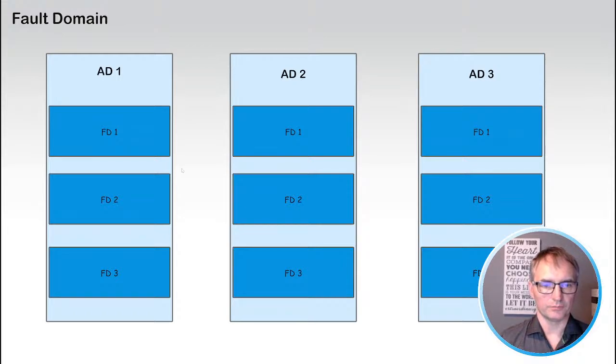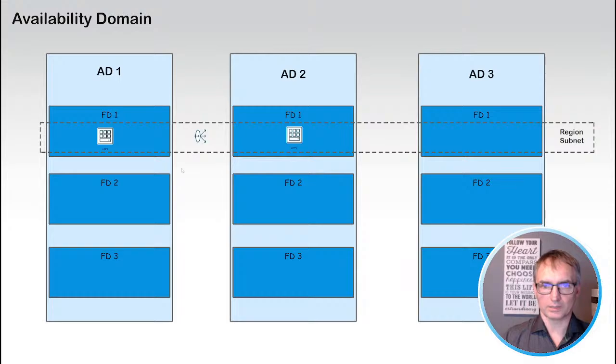This way, even when you have a region where you have only a single availability domain, you still are able to create a high availability model using the fault domain, where you put one server in the fault domain 1, the second server in fault domain 2. This way, if something happens to the fault domain 1, your service is provided by the servers and application which is in the fault domain 2.